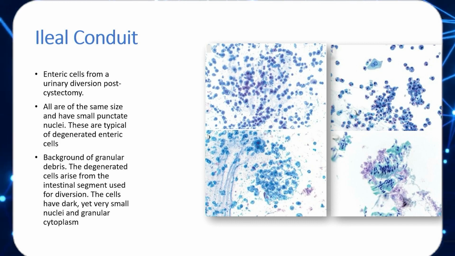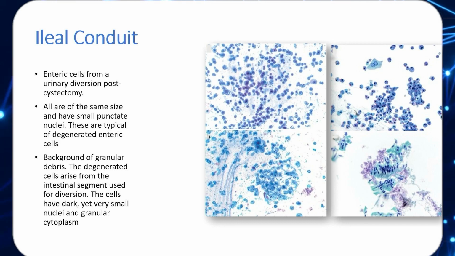Urines tend to be acidic; it depends on the pH value. Obviously the enteric cells are not used to this milieu of low pH. The pH of the urine can range anywhere from 1 to 14, 1 being the most acidic and 14 being more basic. If it's more acidic, you'll have constant sloughing off.